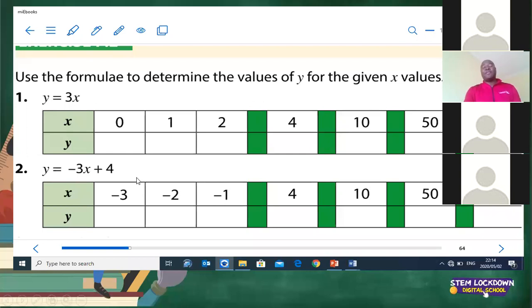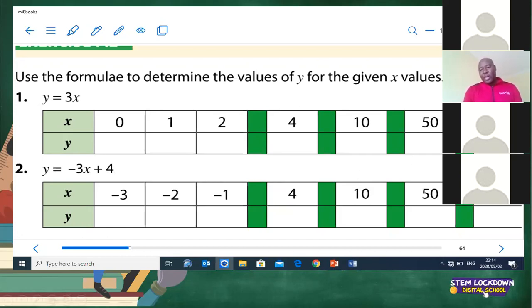That will be negative. So -3 multiplied by 50 gives us -150. If you add 4 there, you get -146.